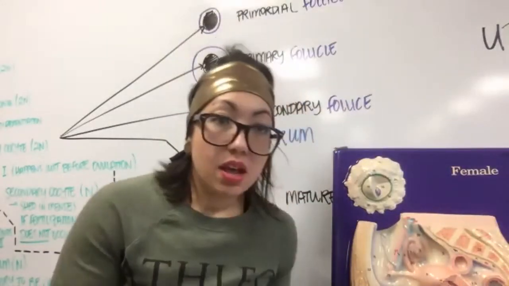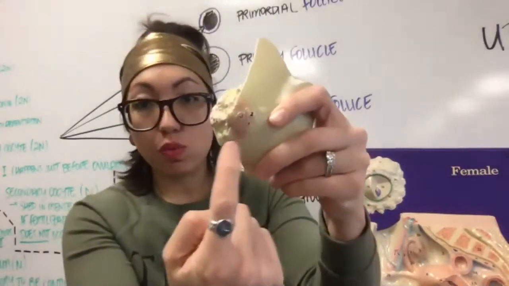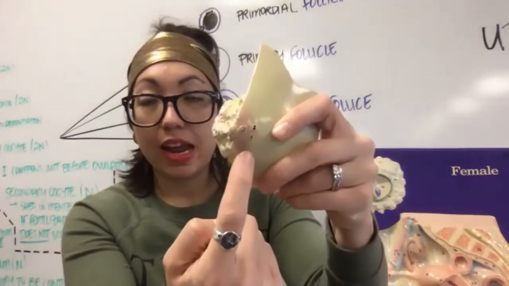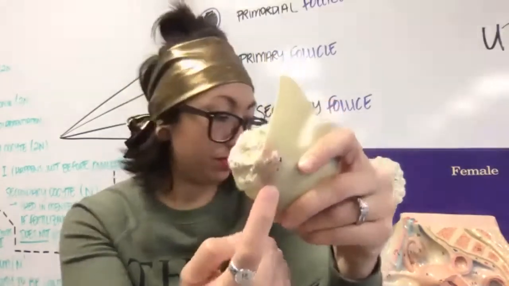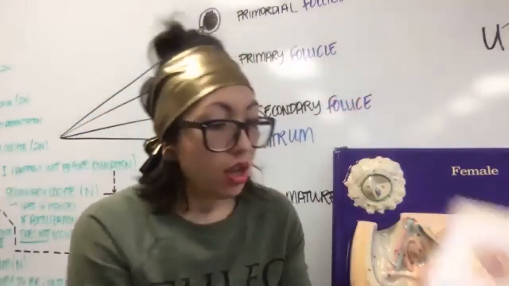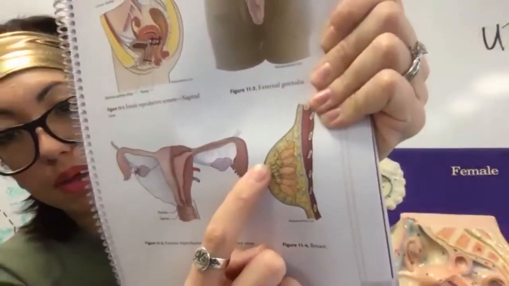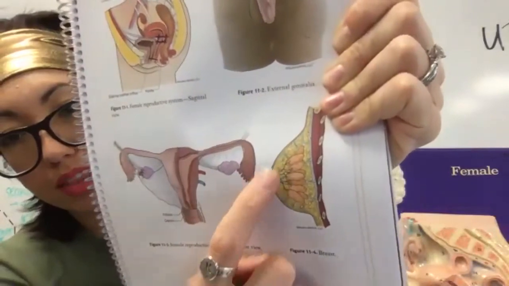And then the pigmented portion surrounding the nipple, that is the areola. On a frontal view, it's much easier to see. On your lab manual, it's just the part that's above and below the nipple right there.